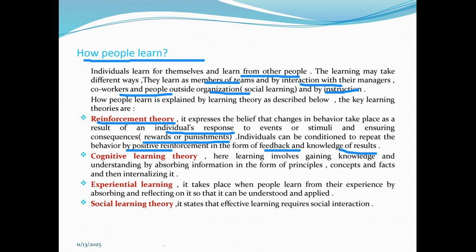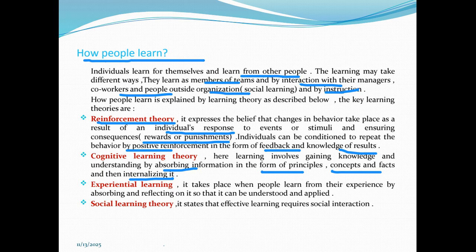Okay, cognitive learning theories. This is learning that involves gaining knowledge and understanding by absorbing information in the form of principles, concepts, facts, and internalization. So basically, when you're reading, when you're going through other knowledgeable concepts and facts, you are engaged in cognitive learning.